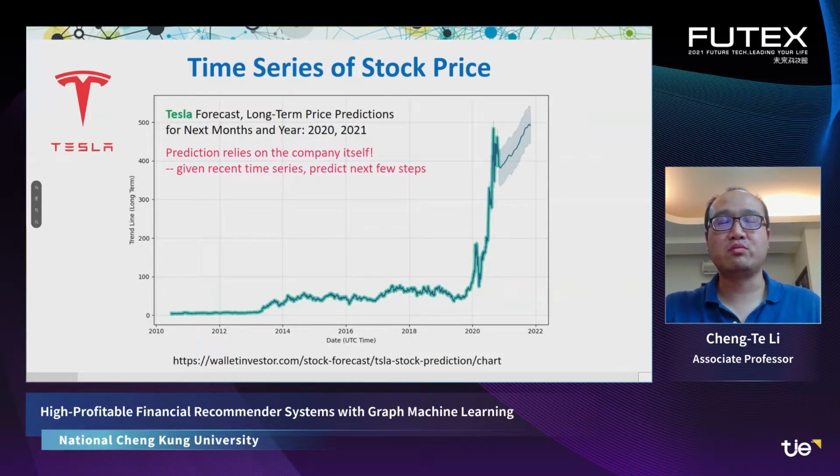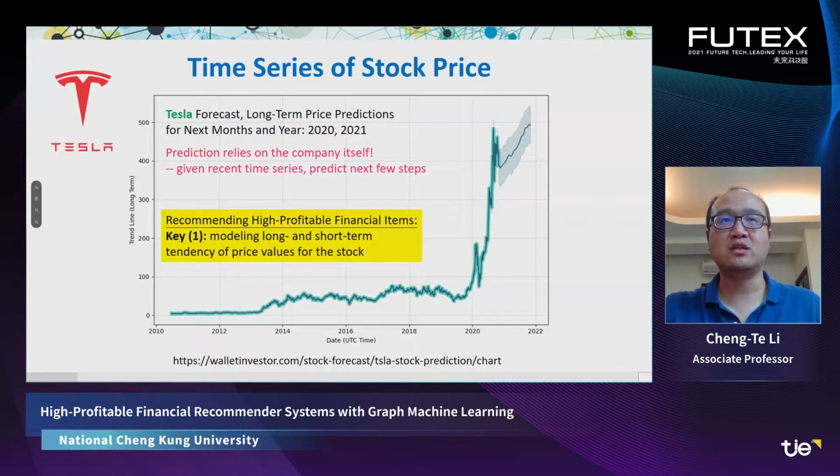If we would like to predict its return ratio or its stock time series values, we need to model the long-term and short-term tendency of the price value for this company. This up and down tendency is very difficult to model.